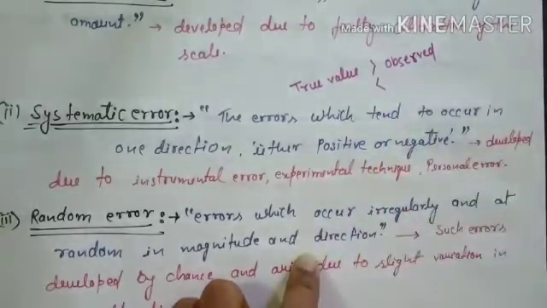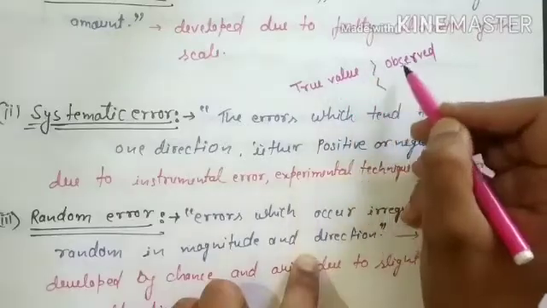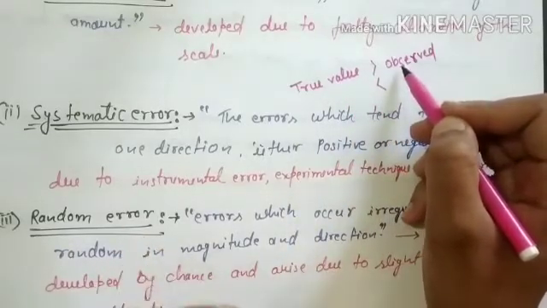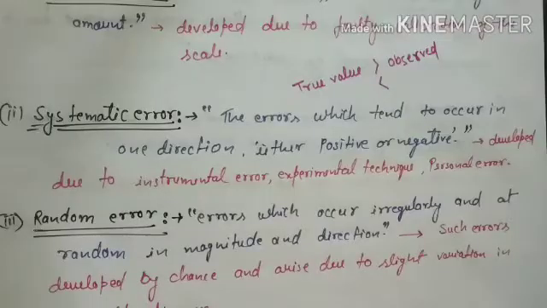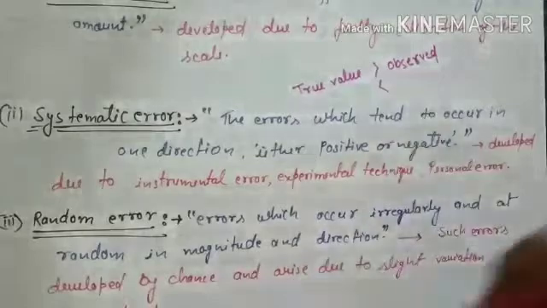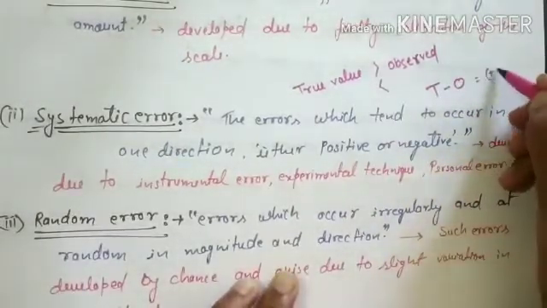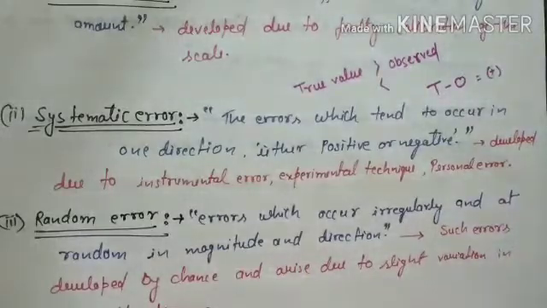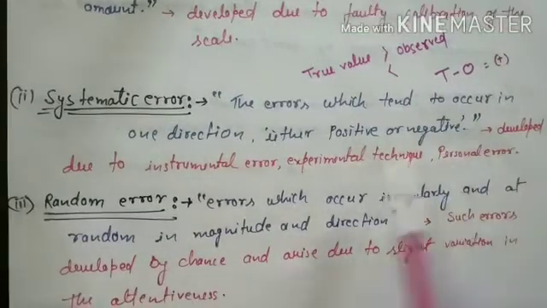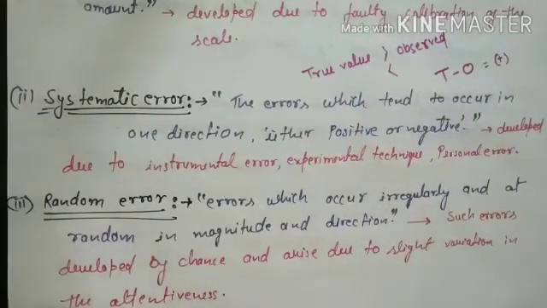Whenever you take the difference between true and observed value, you will get a positive or negative result. If you are taking many observations and in each your measured value is less than your true value, you will get true value minus observed value always positive. These types of errors are called systematic errors, developed due to instrumental errors, experimental techniques, personal errors.